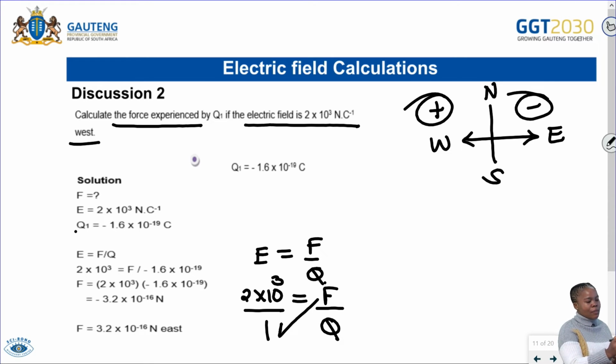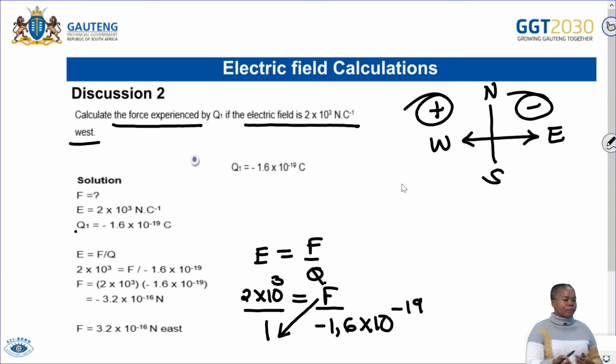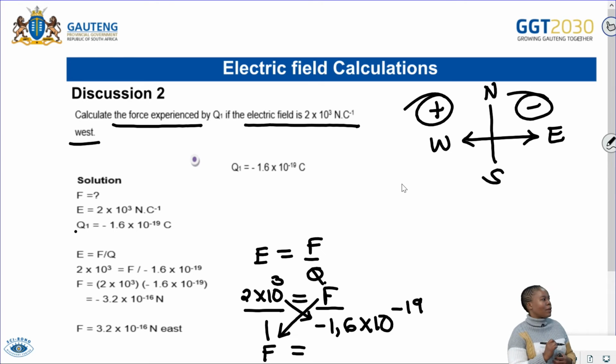So you divide this by 1 so that you cross multiply and get your answer. F times 1, and then this makes negative 1,6 times 10 to the power of negative 19. So 1 times F is going to give you F, which is equal to 2 times 10 to the power of positive 3 multiplied by negative 1,6 times 10 to the power of negative 19.